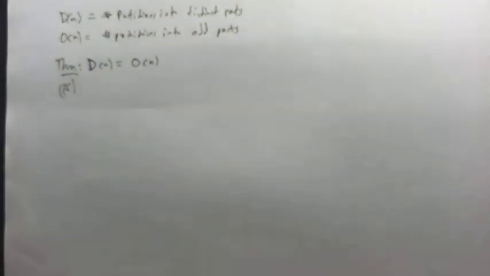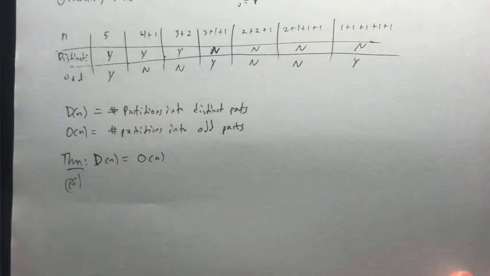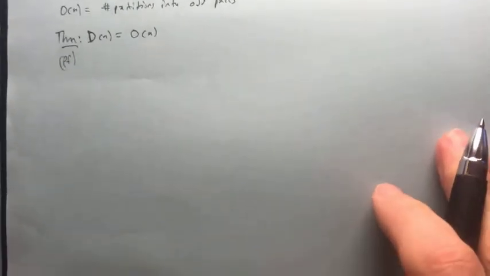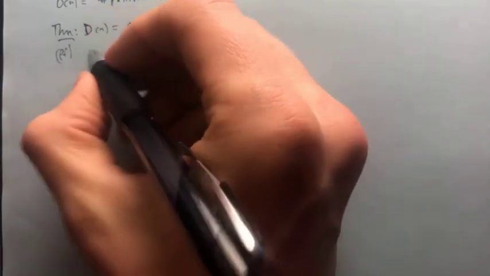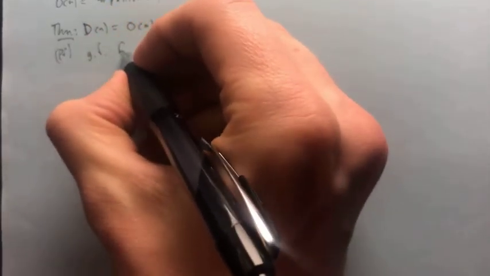Well, this might be difficult to enumerate if we just try to make diagrams like this all day. But one thing we can do is come up with a generating function for each of these. So let's first find a generating function for d of n. For d of n, I want to make sure that the coefficient of x to the n is the number of ways to write n as a sum of distinct terms.